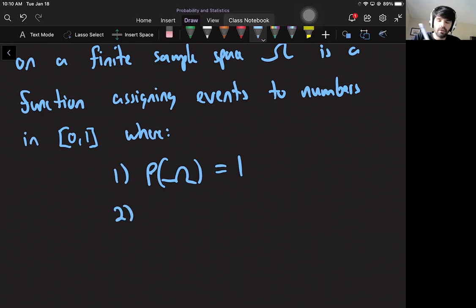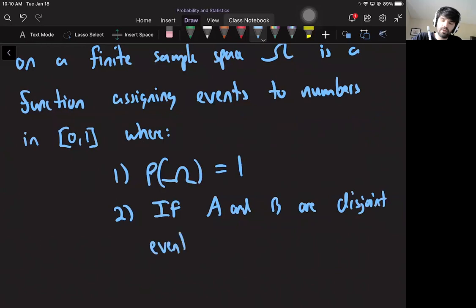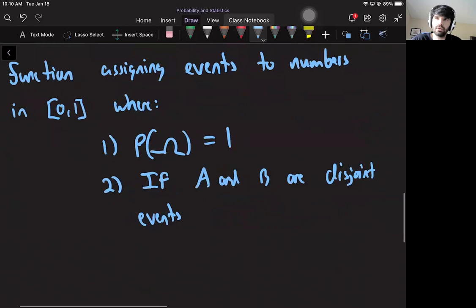And 2, if you have 2 events that are disjoint, like rolling a 2 or rolling a 4, they're disjoint events, they have no intersection. First let me just write it like this as well.